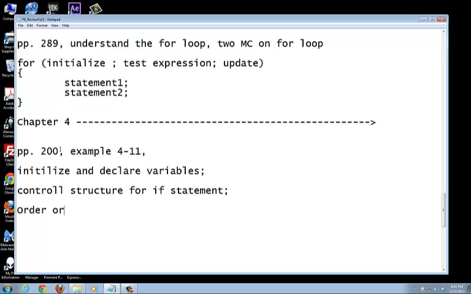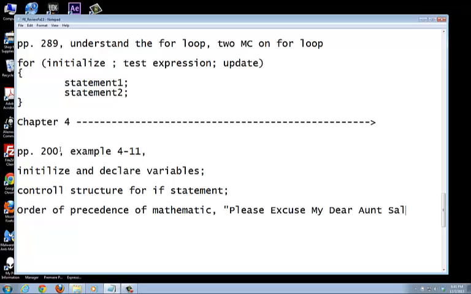Order of precedence of mathematics. So what takes place first? Those of you who remember from grade school: please excuse my dear Aunt Sally. If you remember this acronym, what does P stand for? Parentheses goes first.